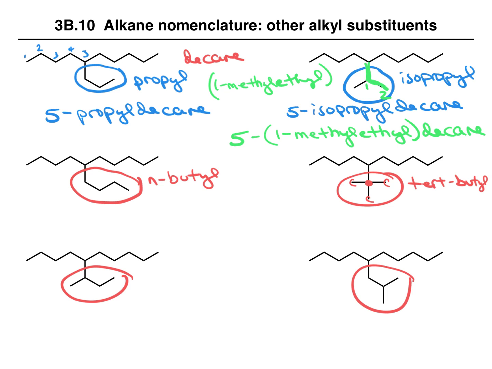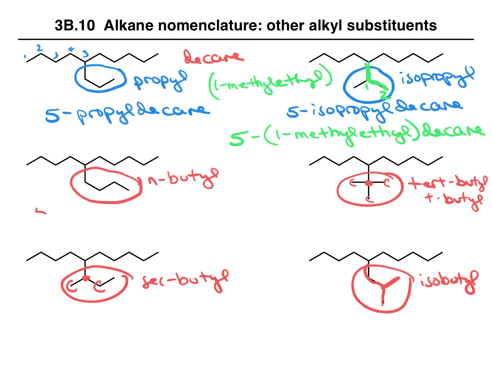So it's a tert-butyl or T-butyl. This one is called sec-butyl because the carbon that meets the main chain is connected to 2 other carbons, so it's a secondary, so that would be sec-butyl. And this one would be called isobutyl because we have the methyl group off of the second carbon at the end.